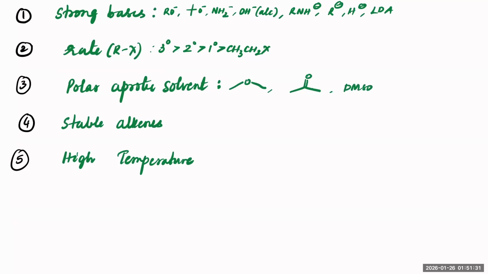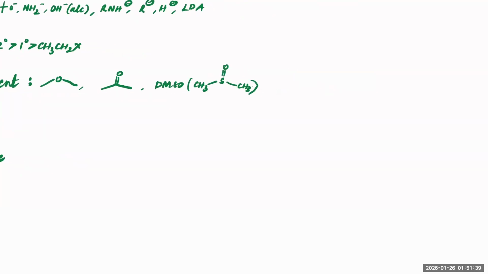DMSO. If you remember what is DMSO, CH3 S double bond O CH3. This one. And DMF, which is hydrogen with C double bond O N methyl and methyl. That is dimethylformamide.